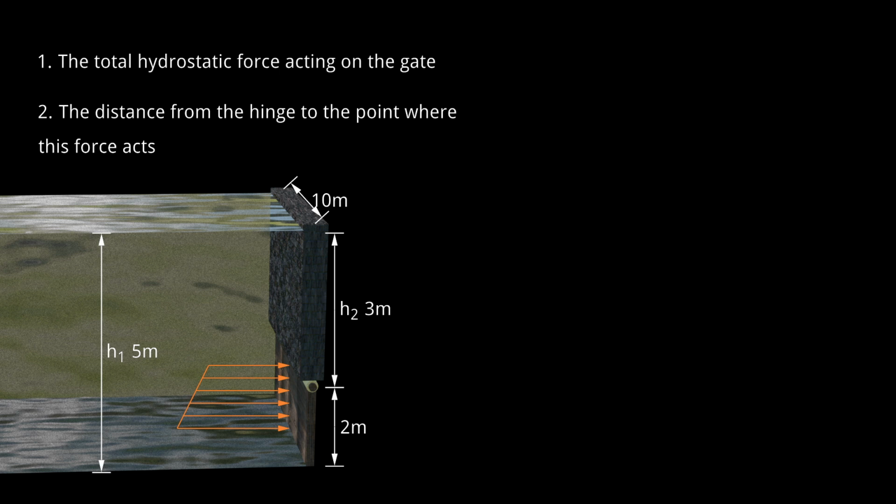To calculate the total or resultant force acting on the gate, we usually need to use calculus. But don't worry, I'll show you a simpler method later that doesn't involve any calculus. Let's first consider a thin horizontal strip of the gate at a depth of h meters from the surface. At this depth, the pressure can be calculated using the formula ρgh, assuming the fluid has a uniform density ρ.